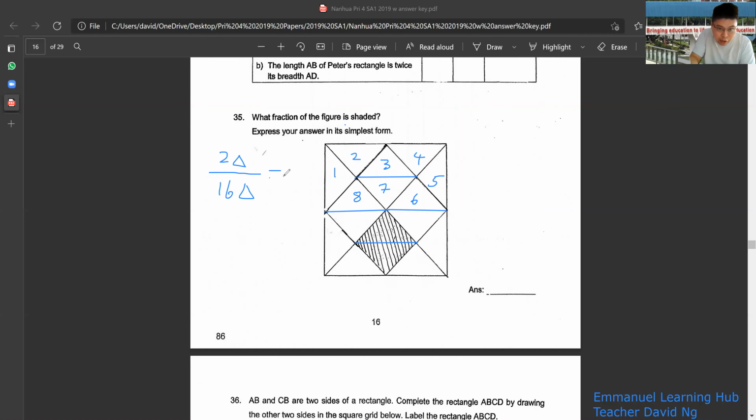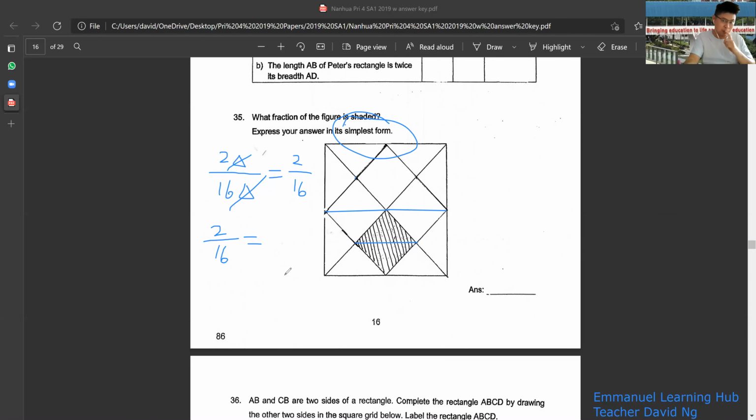So what is the fraction that's shaded? 2 over 16. But the question is asking for the simplest form.